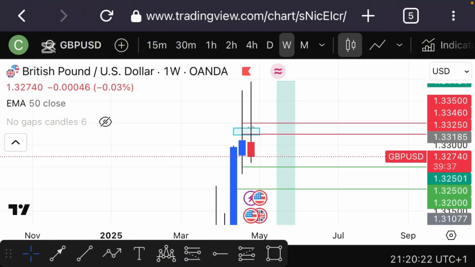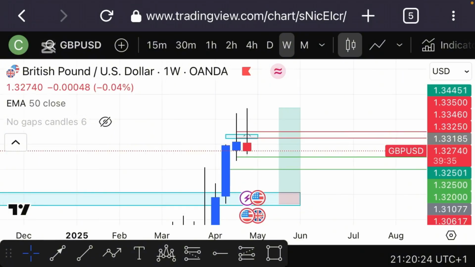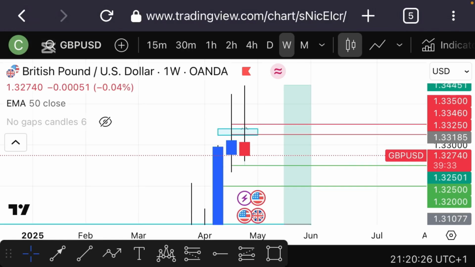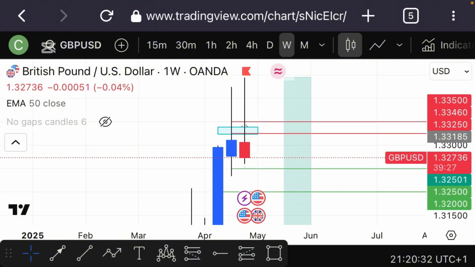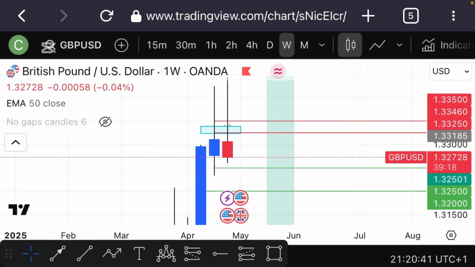It was among my watch list, but anyhow, I found myself entering because I missed on Euro USD, I missed on Euro GBP, and then also I missed on Euro AUD.